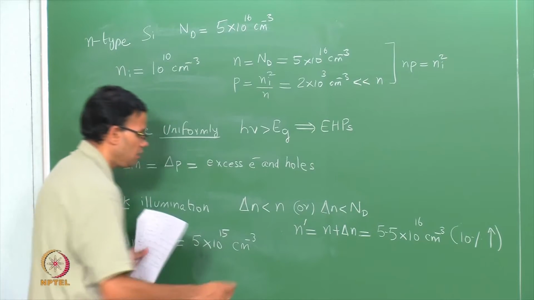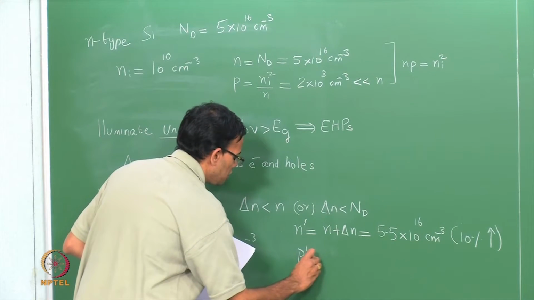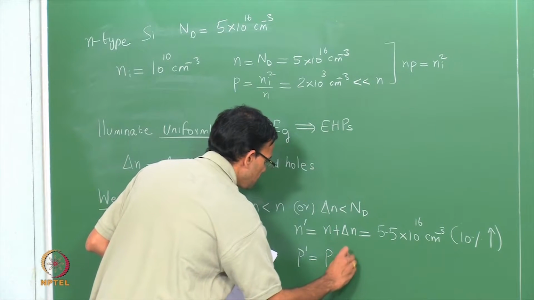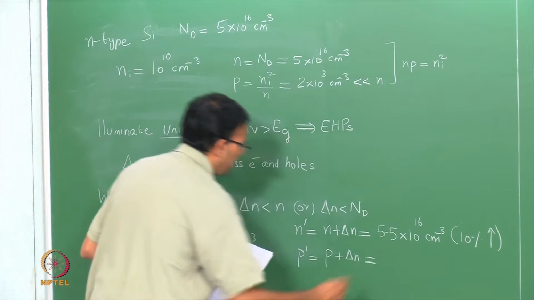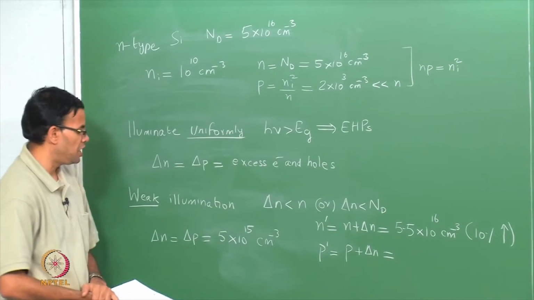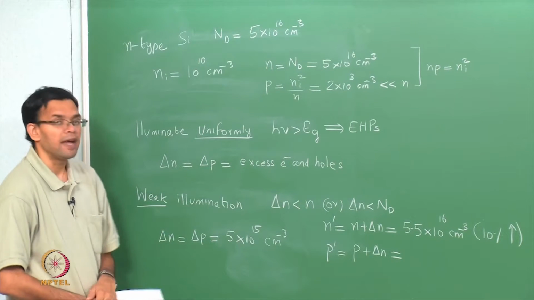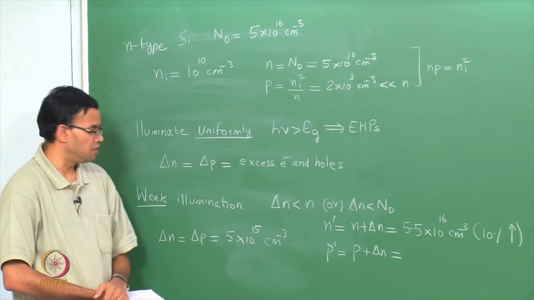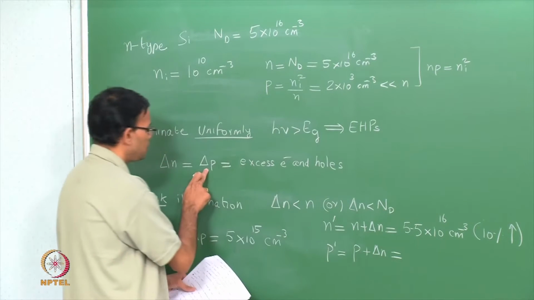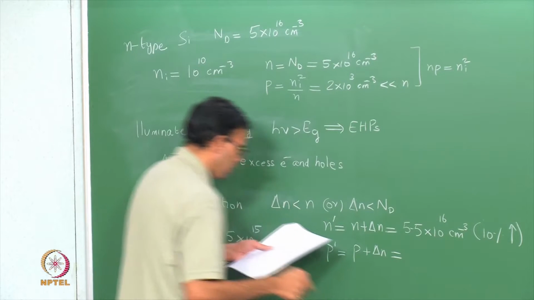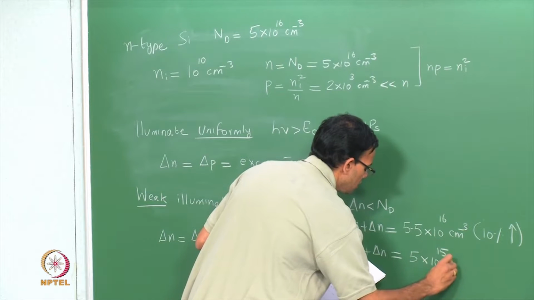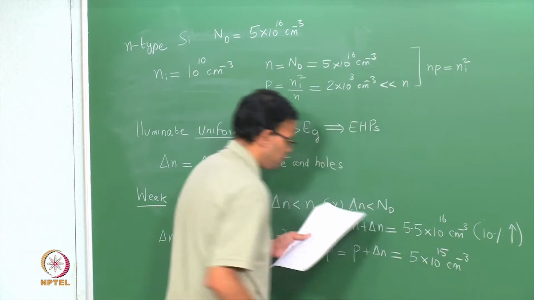On the other hand, your new hole concentration p prime is p plus delta n, but your p originally is very small, 2 times 10 to the 3, while the number of carriers you have generated is 10 to the 15. So, it is p plus delta n, which is the same as delta p. So, it is equal to 5 times 10 to the 15.